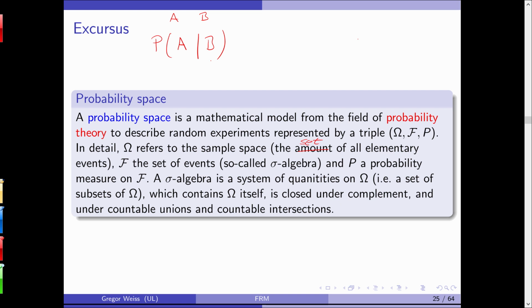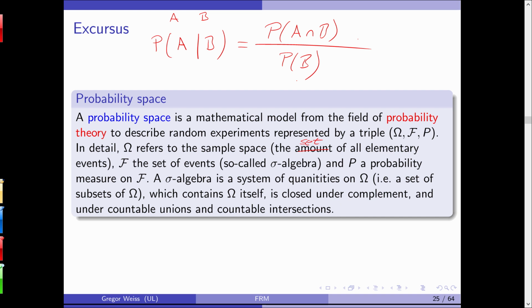What is the probability of A given B? It is the probability of A and B, divided by the probability of B. Quite simple. You can construct simple examples that show you that this is the conditional probability of A if B is known.